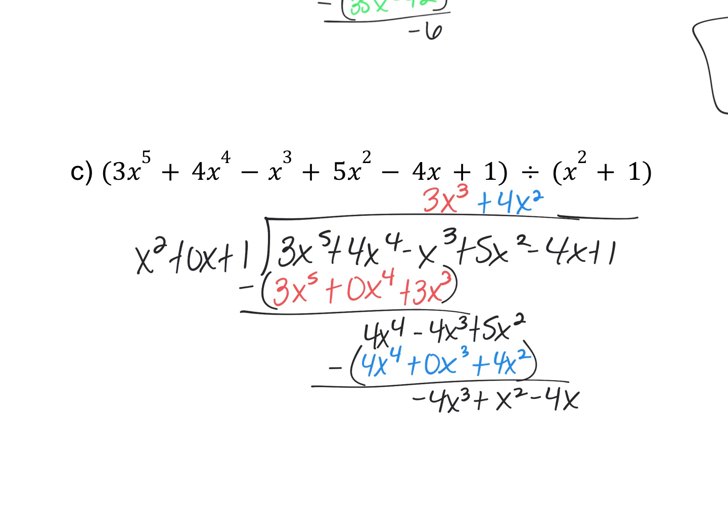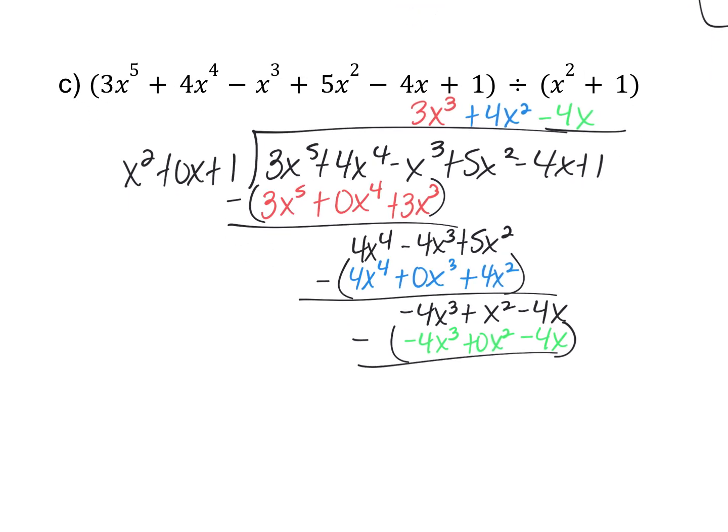So we have, what would that be? Negative 4x is the next one. So negative 4x cubed plus 0x squared minus 4x. All right, we are subtracting.